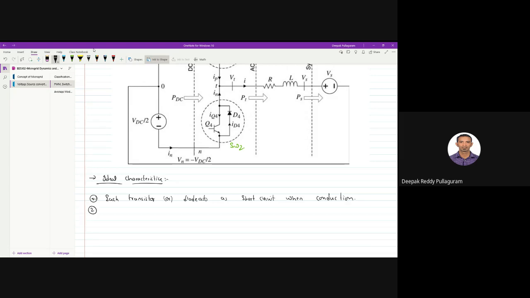Then the second assumption: when the transistor and diode are in blocking state, they are considered as open circuit. It behaves as an open circuit.